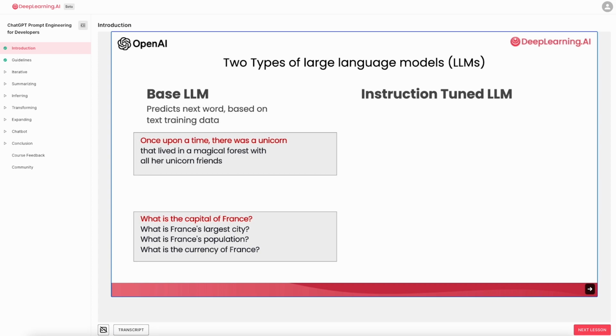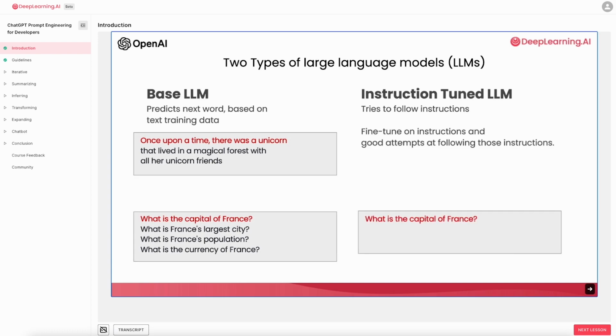In contrast, an instruction-tuned LLM, which is where a lot of the momentum of LLM research and practice has been going, an instruction-tuned LLM has been trained to follow instructions. So if you were to ask it, "What is the capital of France?", it's much more likely to output something like, "The capital of France is Paris."